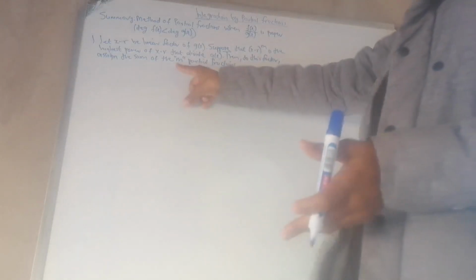Now, what do we mean by that? When we are saying to this x minus r to the exponent of m that divides into this, we are going to assign the sum of m partial fractions. And then what do we mean by that?